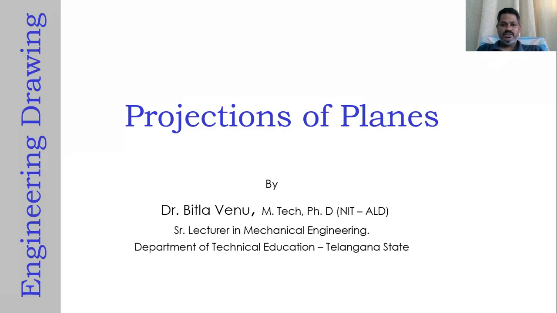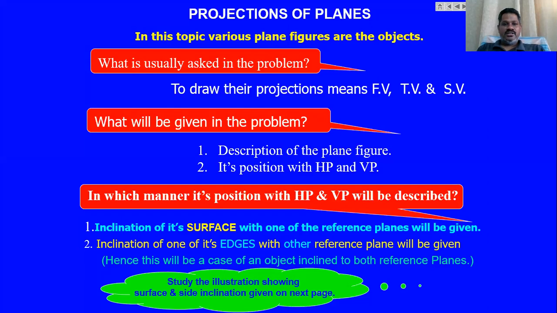Now let me move further to see the different cases in projections of the planes. In this topic, the plane figures may be anything. It can be a rectangle, a circle, or a hexagon. Normally in the problems, they ask us to draw the front view, side view, and top view when a plane is located in different situations.